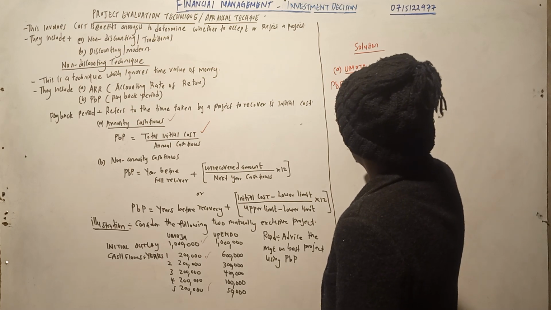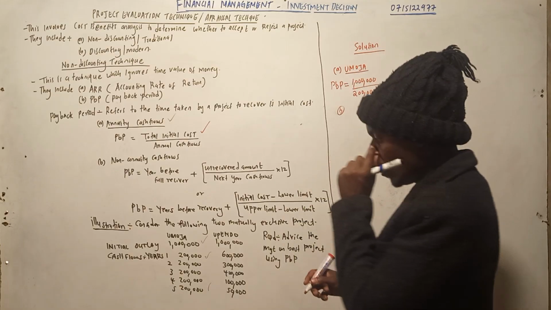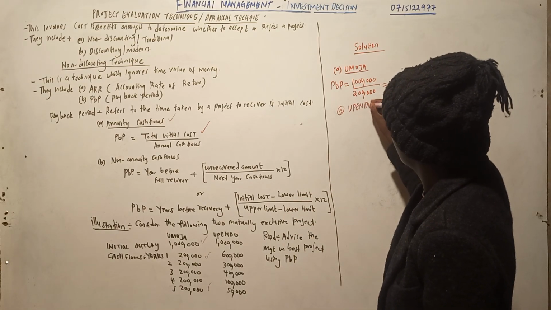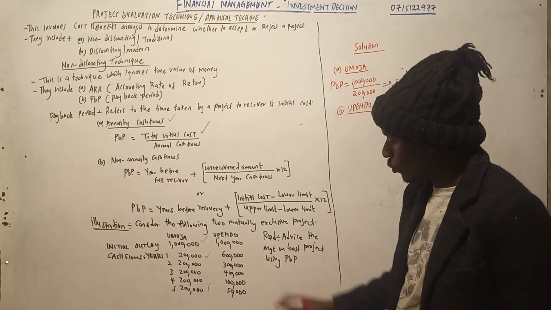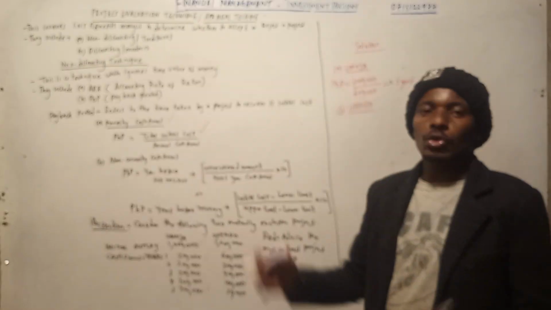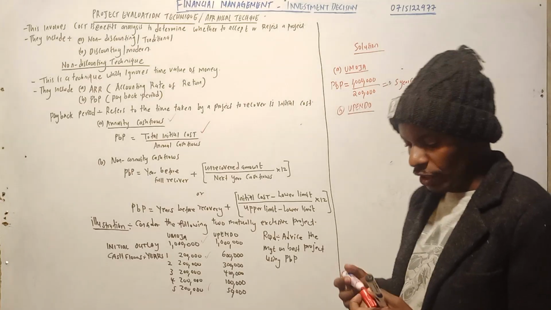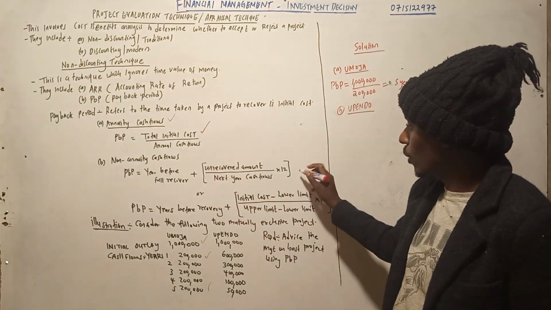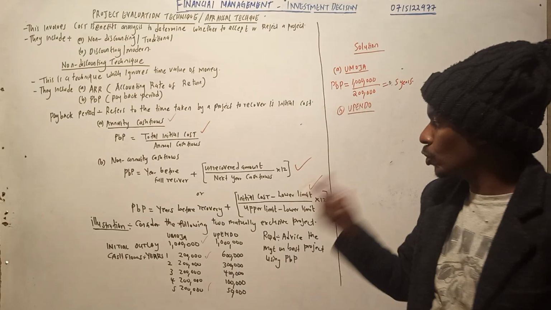Number B, let us do Upendo. Now for Upendo, when you check the cash flows, 600, 300, 400, the cash flows are irregular, meaning they are not the same. In this case, we use this formula. You can use this one or this one, whichever method you choose.